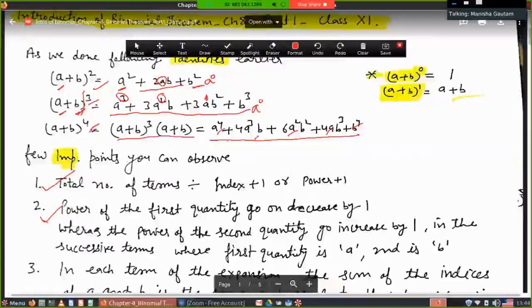Here b to the power 0, then this is 1, this is 2, and this is 3. It means the power of a, the first quantity, is decreasing, and the second quantity b is in increasing order. I think you can understand the second point.